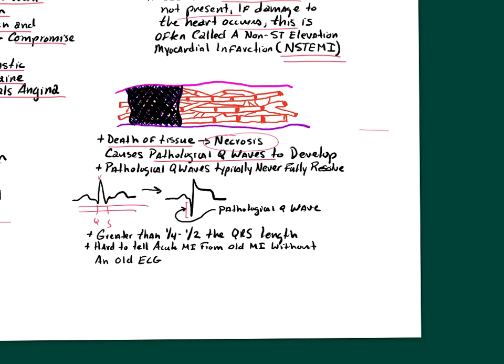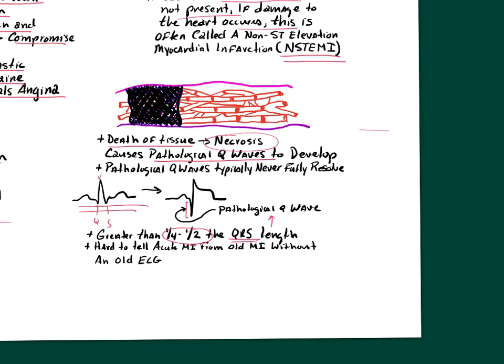A Q wave that is greater than about 1/4 to 1/2 of the entire QRS length is considered pathological. Absolutely pathological if it's half or more the length of the QRS.